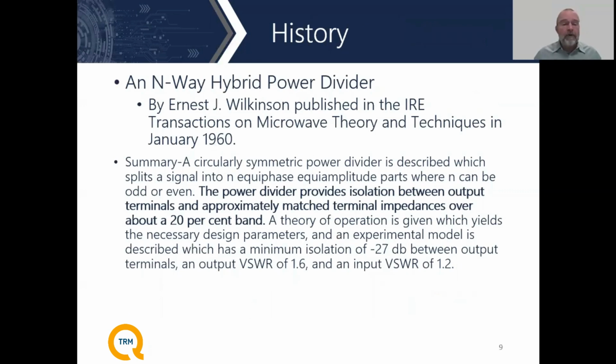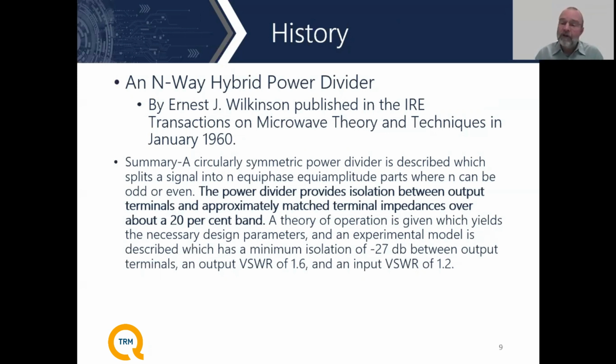So the initial paper, as I mentioned, was published in January 1960. The words that Wilkinson chose to have in the summary of his paper that was published in the IRE was that it's a circular symmetrical power divider which splits a signal into n equiphase, equal amplitude parts, where n can be odd or even.